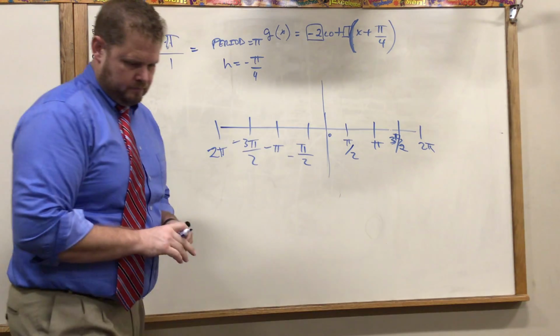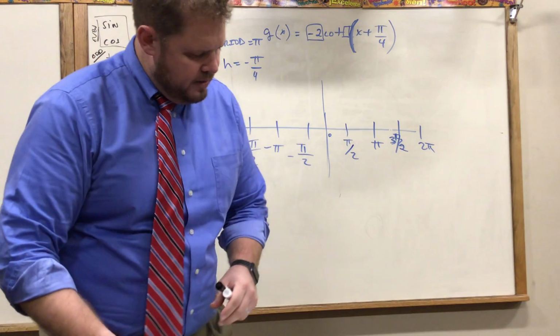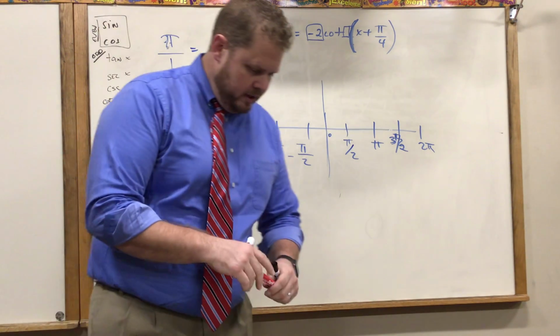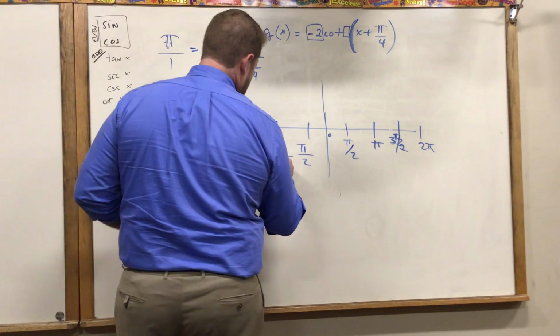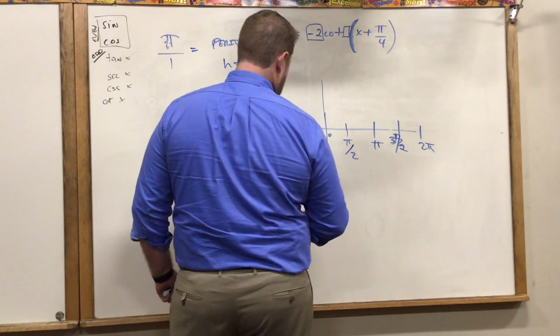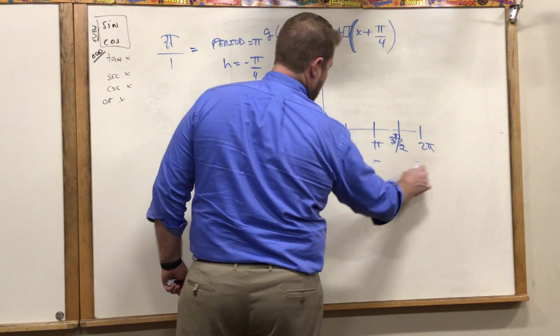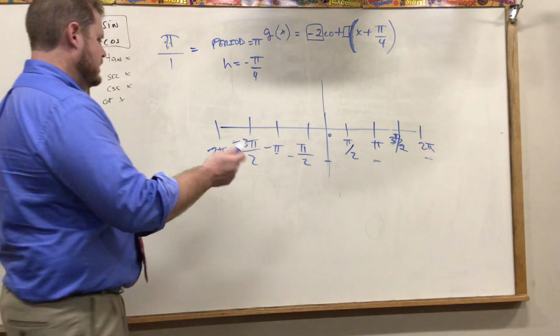So now, what happens? Where will these go to vertical asymptotes? It would technically be right here, right? Right here, right here, right here, right here. However, we have a phase shift involved. And what is the phase shift?